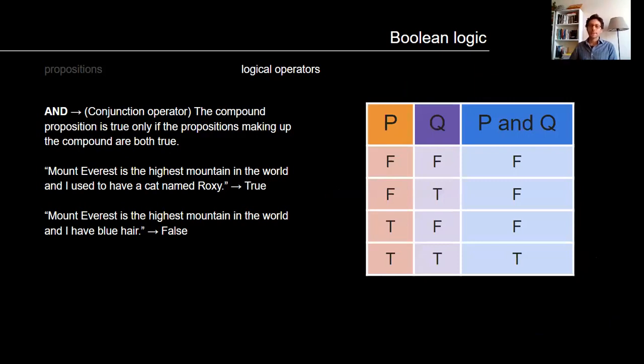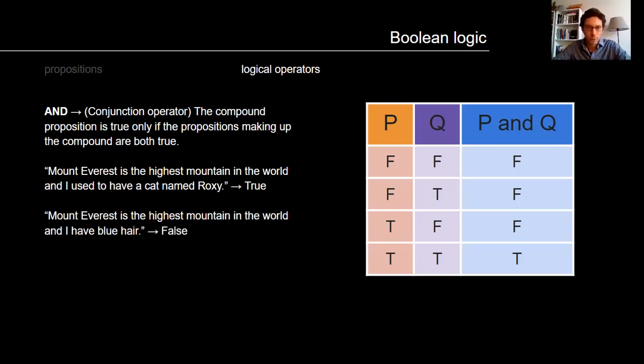Okay, here is what we call a truth table. This is the truth table for the and operator. And here is how we fill this truth table. At the top row, I write P and Q on the right-hand side. P stands for the first proposition that we use in a compound proposition that is connected by and.